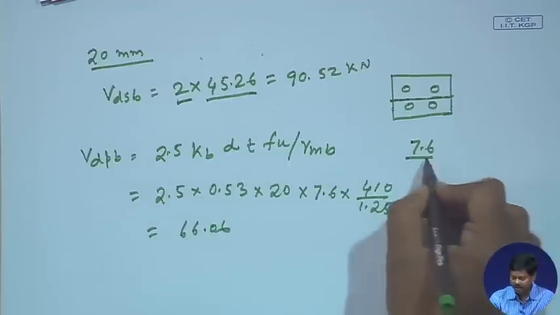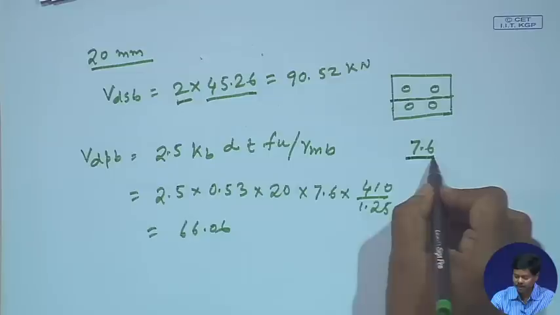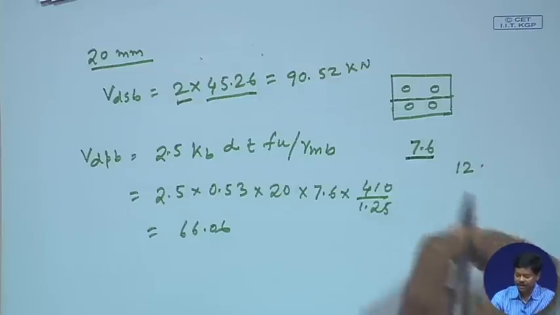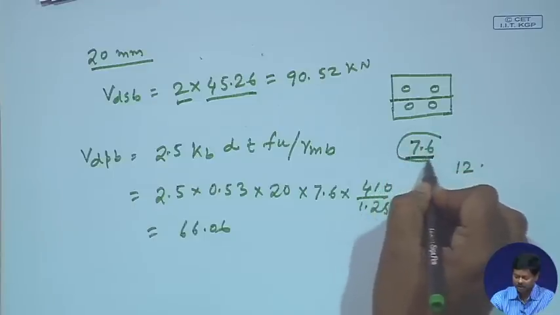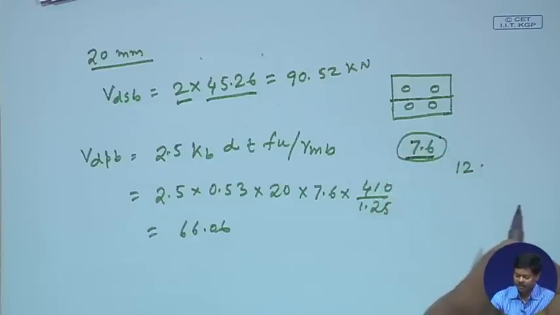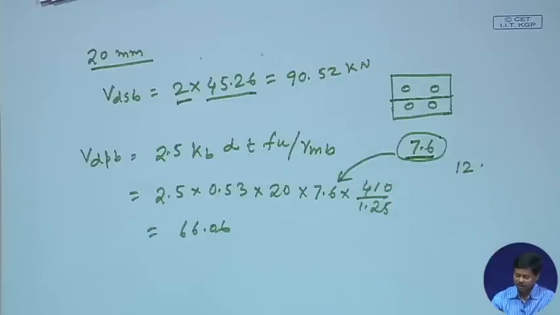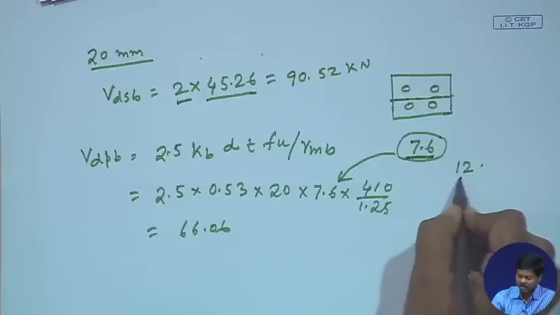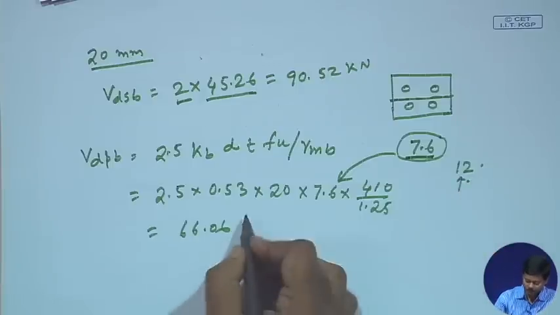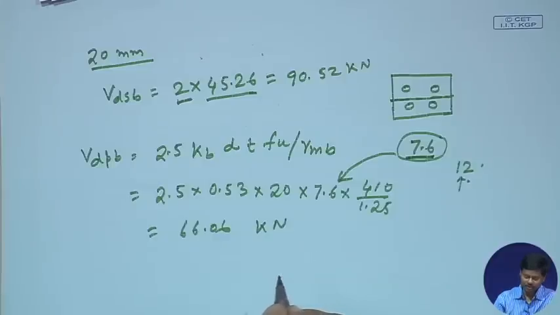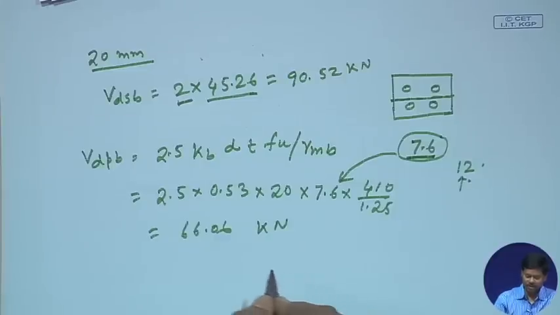Actually, if we provide two splice plates, their total thickness will be 12 mm and the thickness of the web will be 7.6. Therefore, we can consider the smaller one, considering 6 mm thickness of splice plate. So we are getting 66.06 kilonewton as strength in bearing.